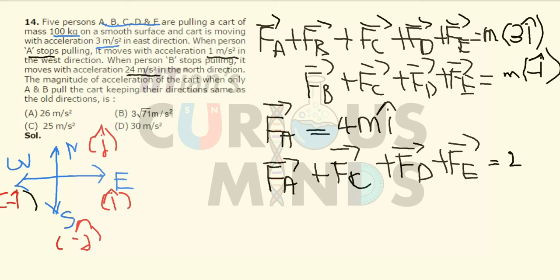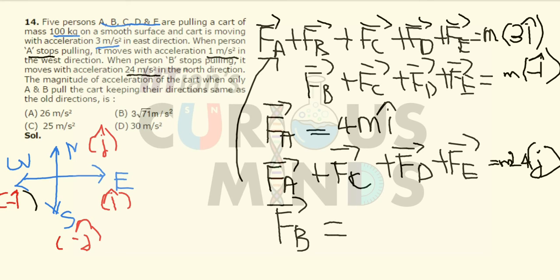So I can say m into 24 j cap. Again if I subtract this and the first equation, it will be equal to FB vector, m is common, 3 i cap minus 24 j cap.